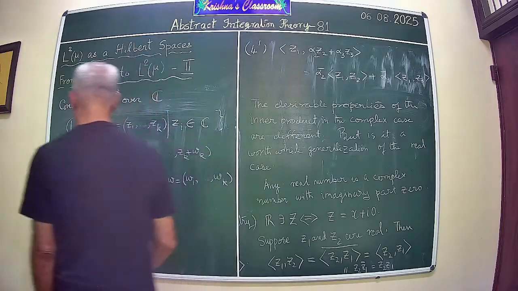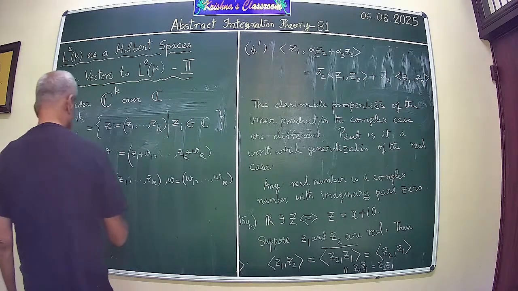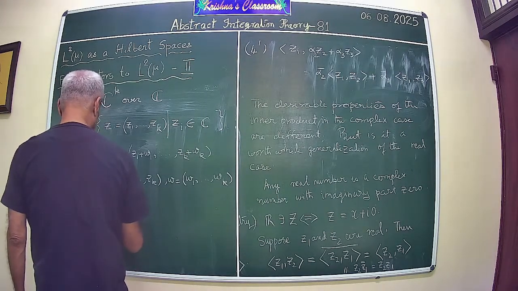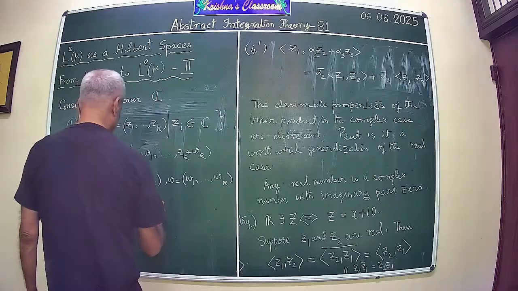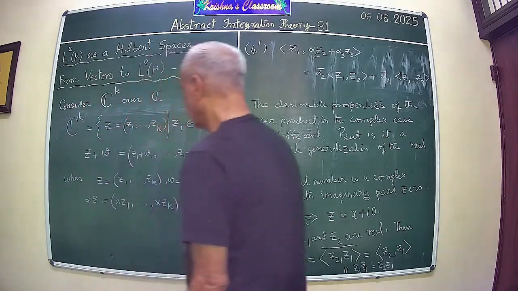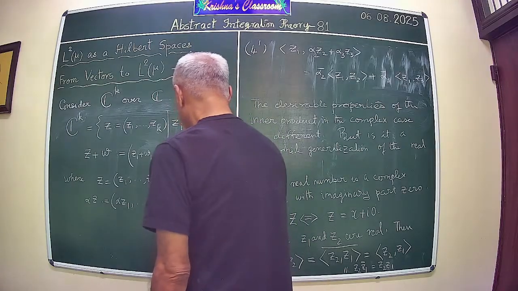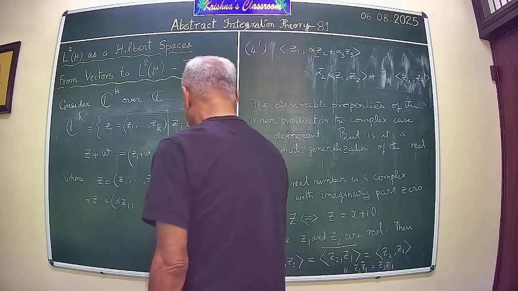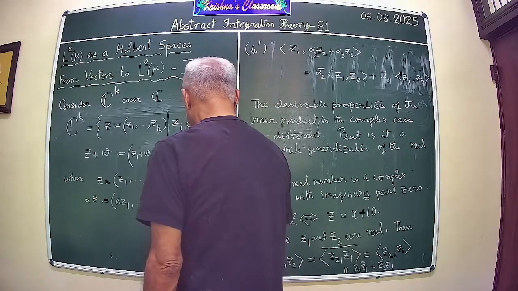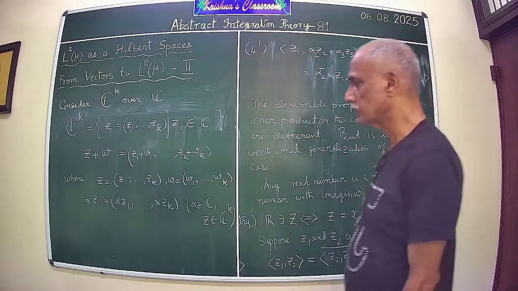So also alpha Z is defined as alpha Zk. That's the definition where alpha belongs to C. This is how it is defined.